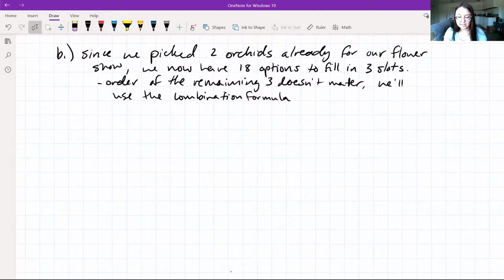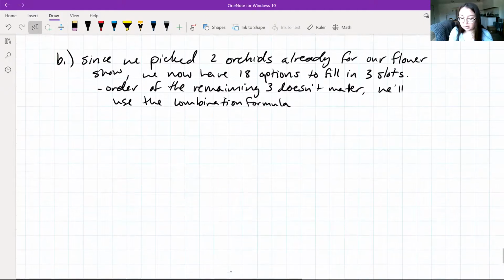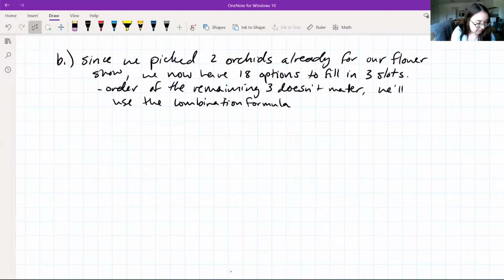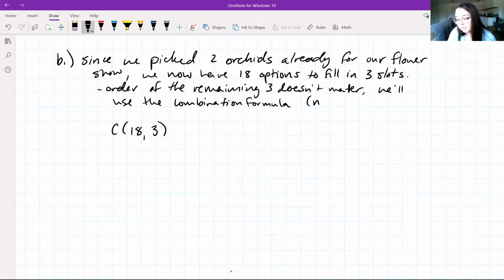So we use the combination formula since the order of the rest of our 3 doesn't matter, and we end up with the combination of 18 choose 3. We have 18 options and we're picking 3, so n is equal to 18 and r is equal to 3. So we're taking our combination of 18 and 3.